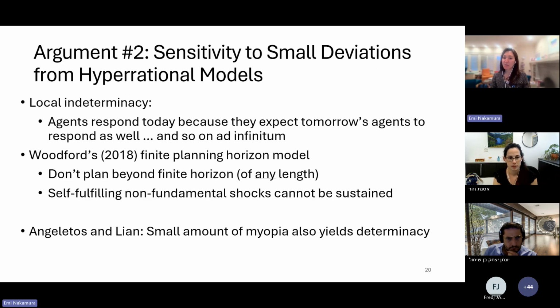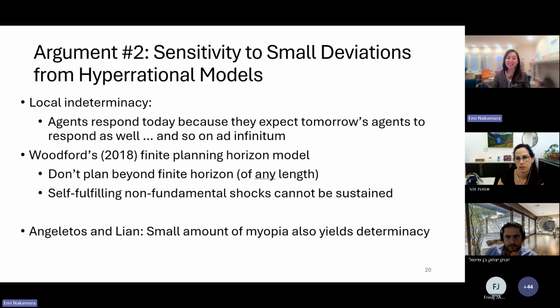Okay, the second argument we make for why these local indeterminacy concerns might be overstated in the literature is that they depend crucially on what we call hyper-rational behavior by the people in the model. So why is that? Well, the local indeterminacy concern arises because agents today believe that agents arbitrarily far in the future will continue to respond to today's non-fundamental sunspot shock.